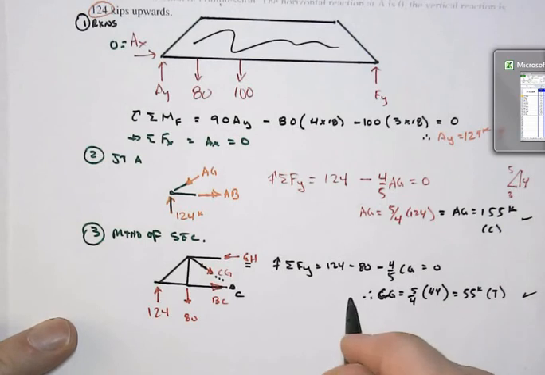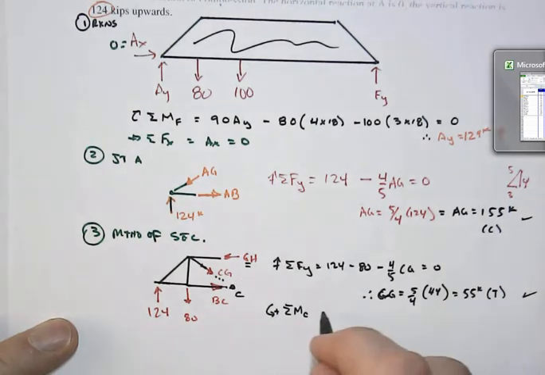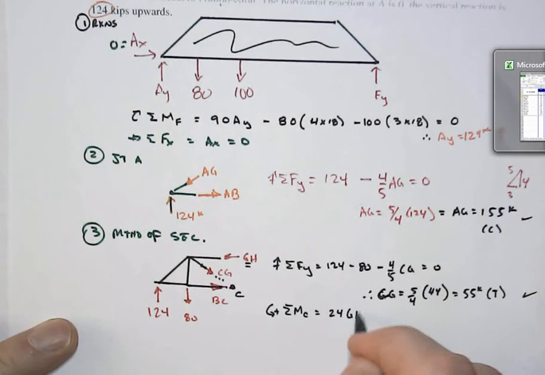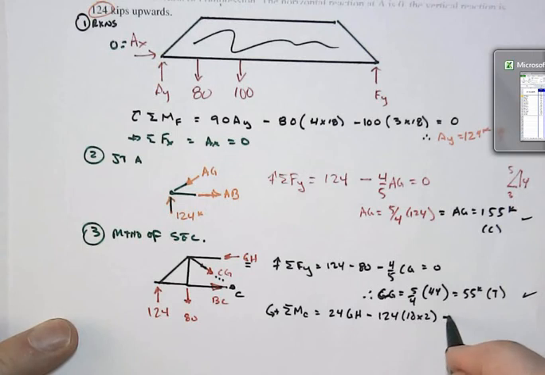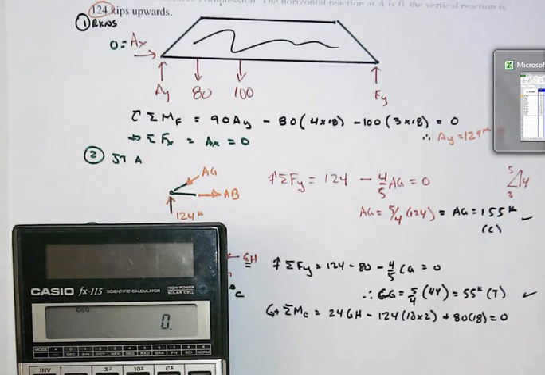And so let's see what that would look like if we sum moments about point C, taking counterclockwise as positive. I like to say take the same direction as my unknown force. And so that has a 24-foot moment arm with respect to C, minus 124 times 18 times 2, so really 36 foot for its moment arm, and then plus 80 times 18, all set equal to 0, and take the known stuff to the other side, so that's 124 times 18 times 2 minus 80 times 18.